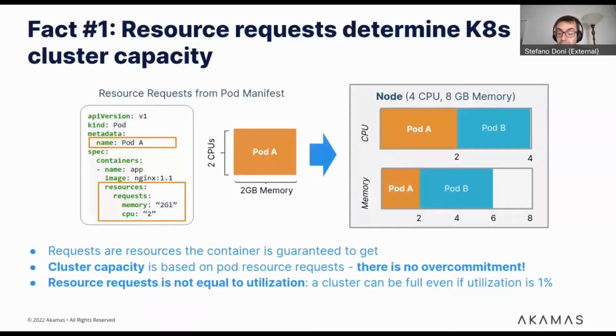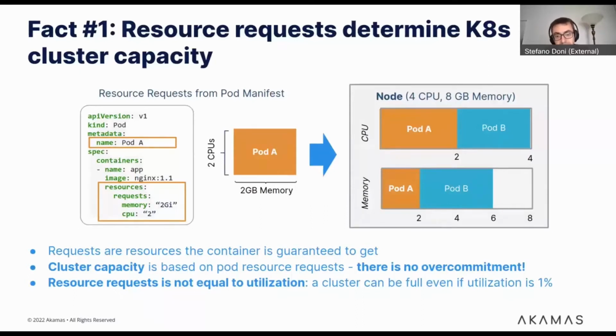With respect to other technologies we might have in mind, like virtualization, where we might schedule many more virtual machines with many more virtual CPUs than the number of physical CPUs available in the host, that's not how Kubernetes was designed to work. So there is no overcommitment as regards the request. Once we have allocated the available capacity in terms of requests, no more applications can be scheduled on the cluster.